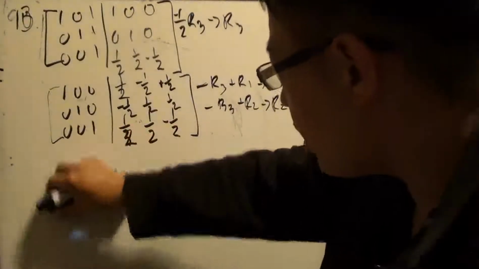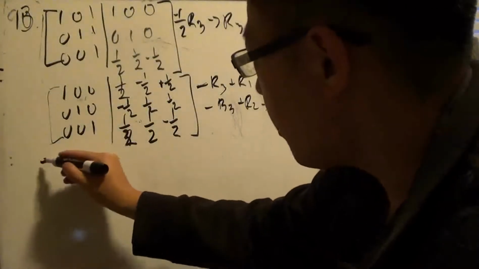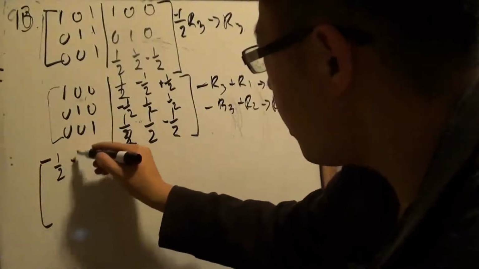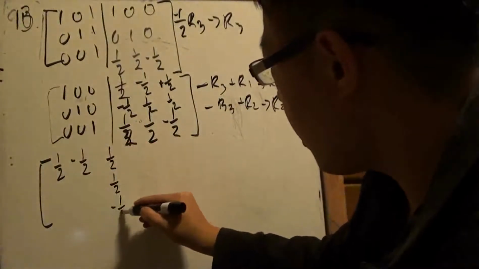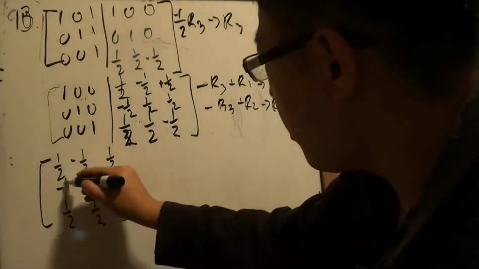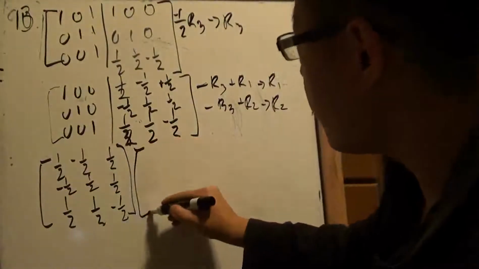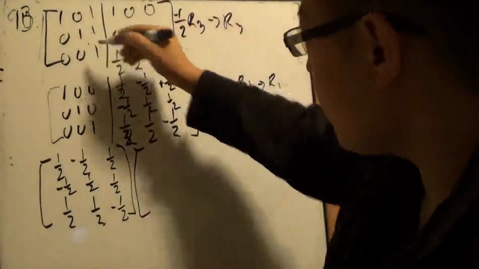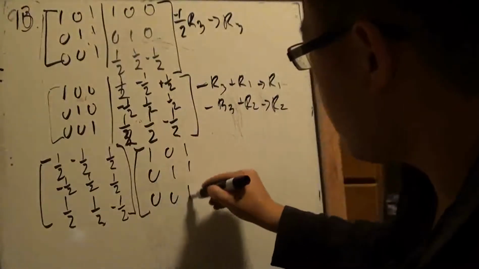So based on what we know of that, I'm going to write 1 half, negative 1 half, 1 half, 1 half, negative 1 half, 1 half, 1 half, and then negative 1 half, 1 half. So this is the inverted version. Where's the original matrix? This guy: 1, 0, 1, 0, 1, 1, 0, 0, 1.